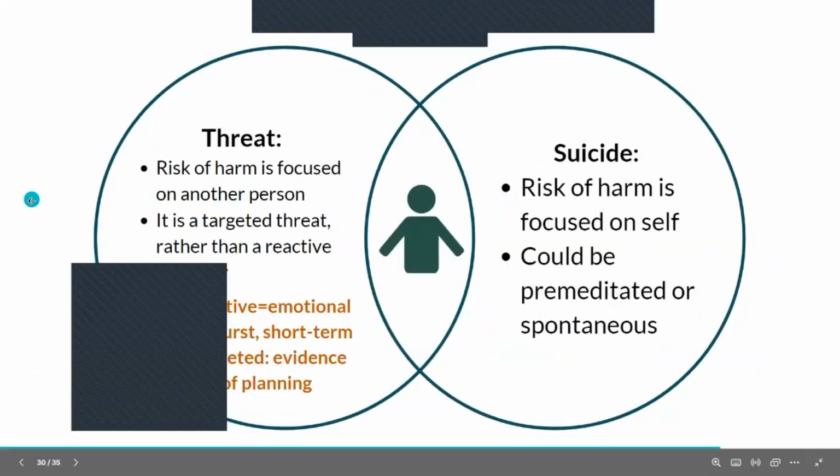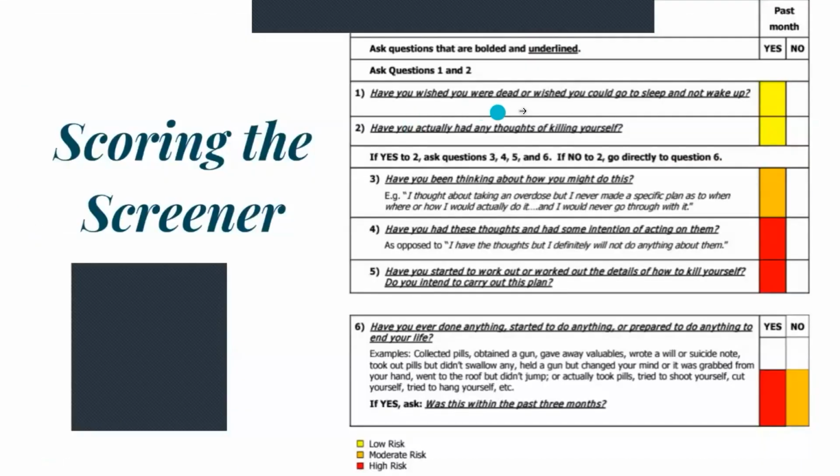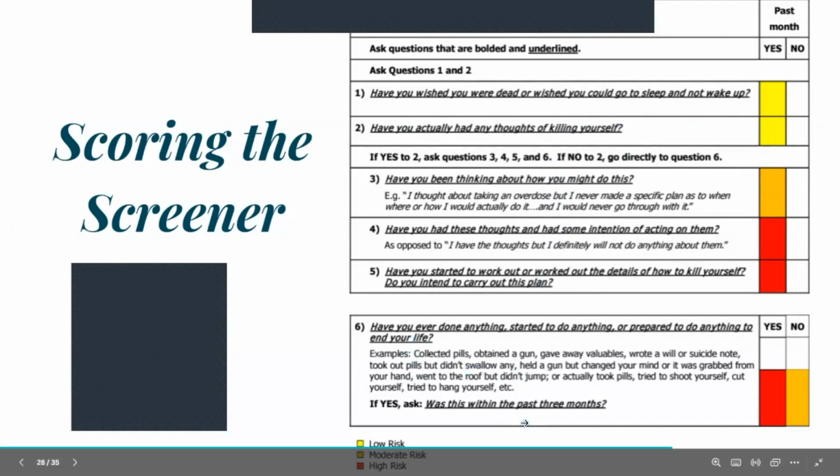Low. Yeah, let's go back and look at it real quick together. So, have you ever wished you were dead or not be sleeping? She said yes. Have you actually had any thoughts of killing yourself? She said no. So then they skipped 3, 4, and 5 because there was a no here. But then on 6, she said that it was not in the past 3 months.